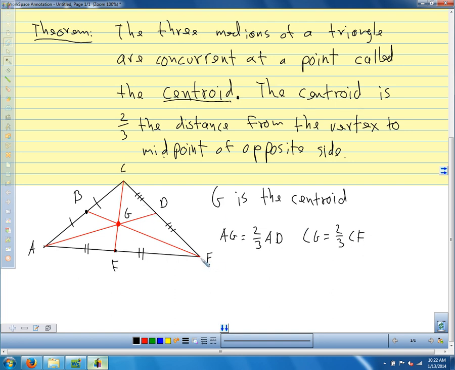And same thing here, start at a vertex, EG is 2/3 the distance all the way across. So we start at the vertex, go to the centroid, we've gone 2/3 of the way across to the middle of the opposite side.